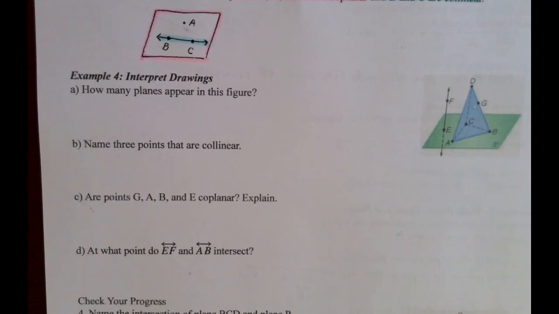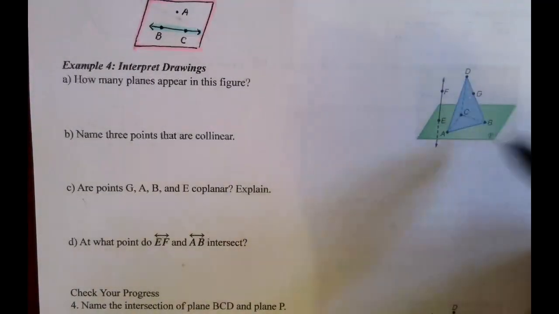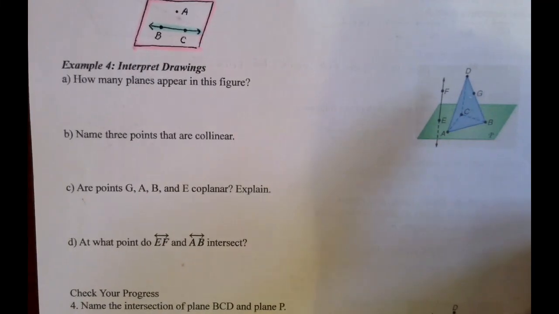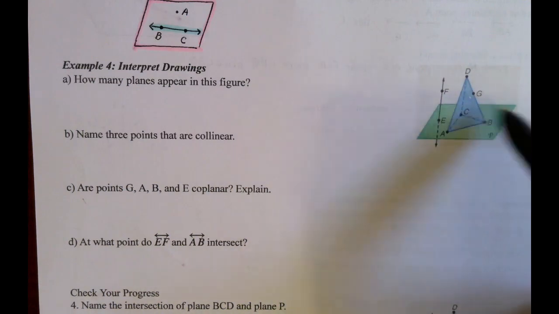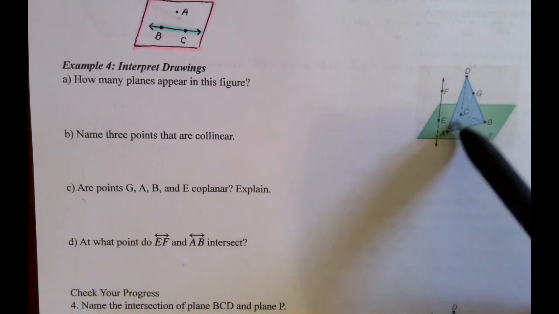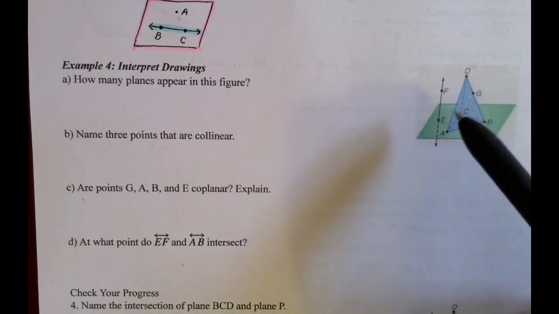Example 4 just has us interpreting this drawing here. We want to see how many planes, how many flat surfaces, appear in this figure. I'm going to count the green one here, where the base of this pyramid is, so that's 1.